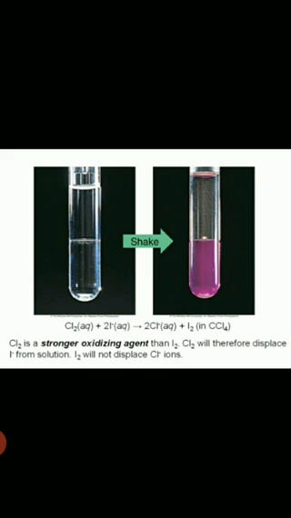Cl2 will therefore displace iodide ion from solution, and I2 will not be able to displace chloride ion, right? So the solution results in a pinkish color in the carbon tetrachloride layer.